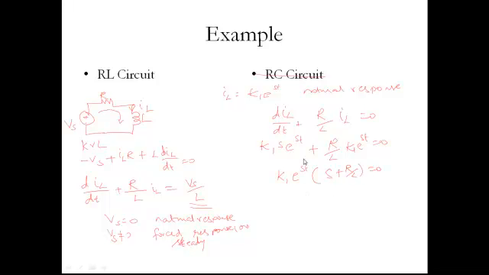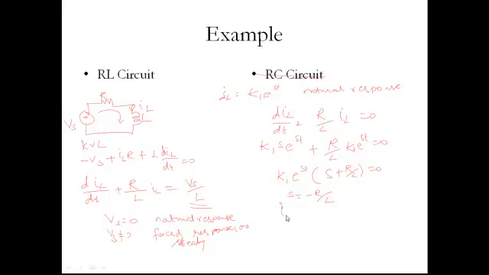K1 e power st cannot be equal to 0, therefore s plus R by L is equal to 0. From this, s is equal to minus R divided by L. So you got the solution for the natural response, and this is only for the natural response.